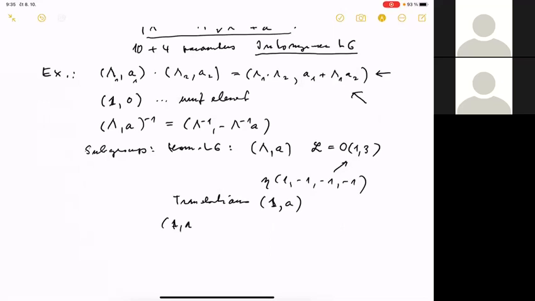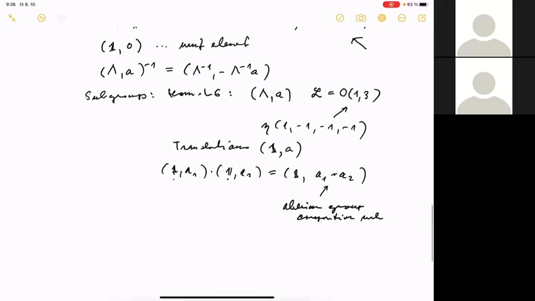Of course, if we use this composition rule, we easily see that such doubles form an abelian group, since 1 a1 times 1 a2, if we use this composition, we get the product of these two matrices. This is again 1 and a1 plus lambda 1 times a2, with lambda 1 being 1. And this is just the composition rule for abelian groups.